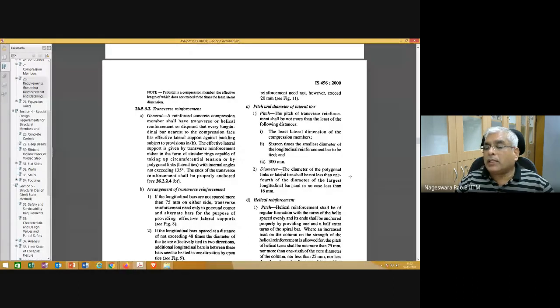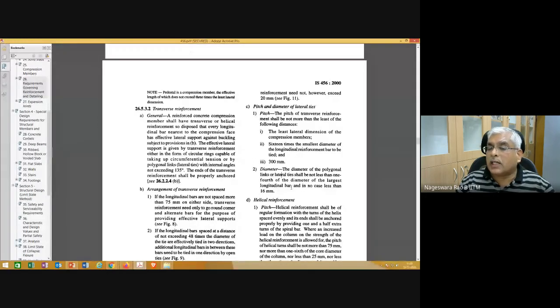Here, that is the diameter of the largest longitudinal bar. The largest longitudinal bar that you provided is 25 mm. So based on that, 1/4 of 25, the tie diameter shall not be less than that. So you select your lateral ties like that.